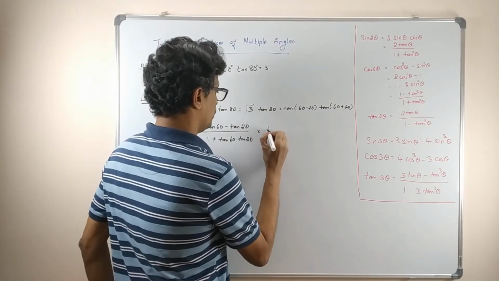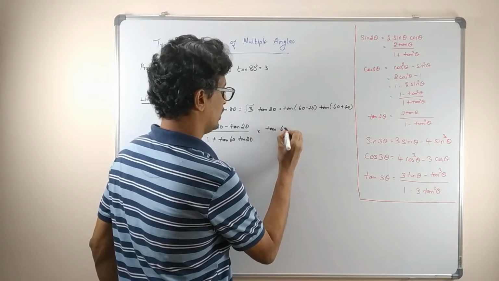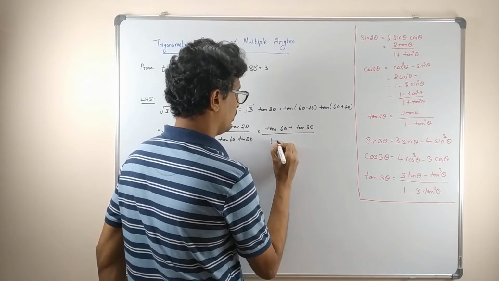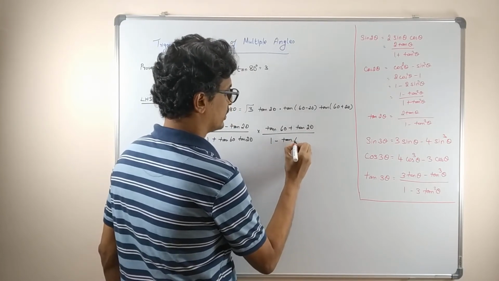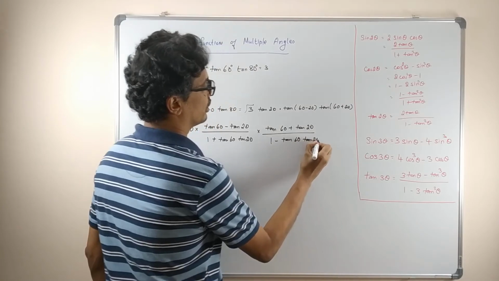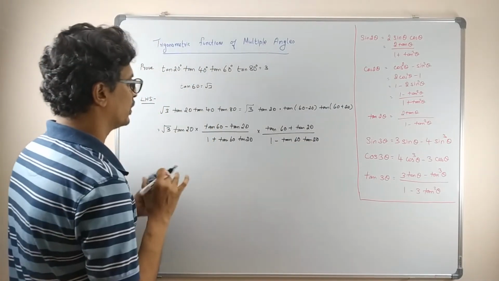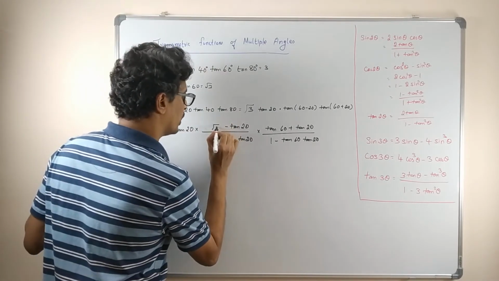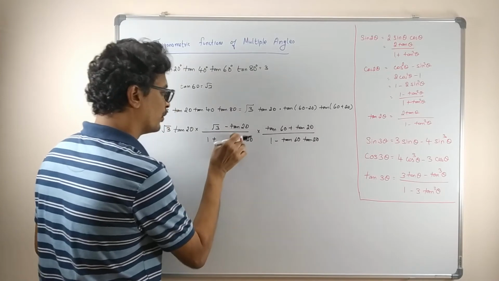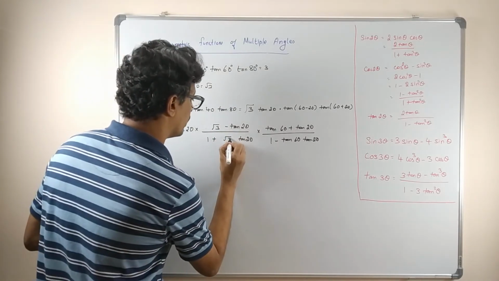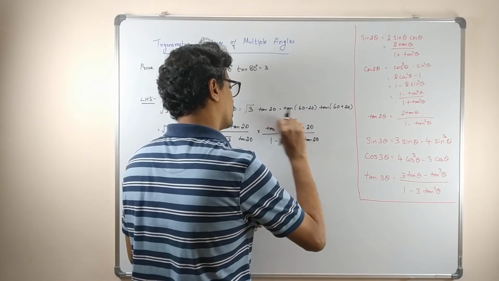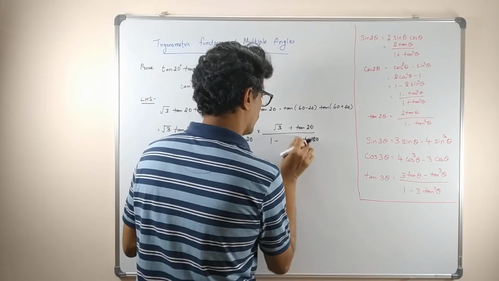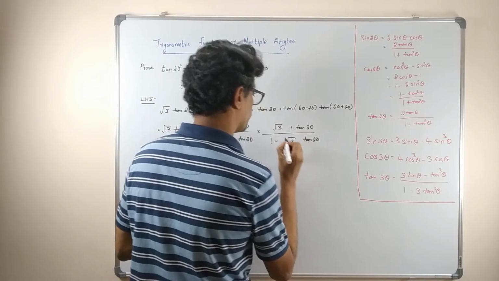So this will be into tan 60 plus tan 20 divided by 1 minus tan 60 tan 20. So we know tan 60 is equal to root of 3. So we will replace tan 60 with root of 3, in all these places.